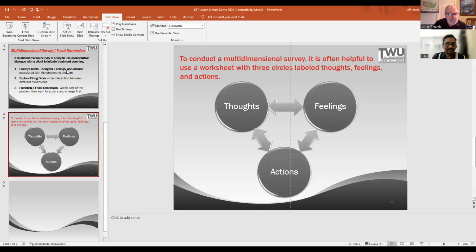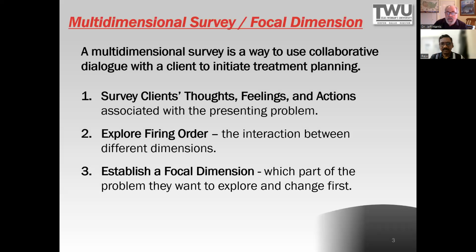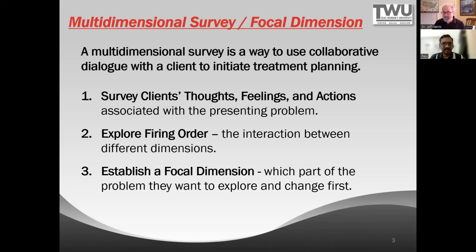So these were the three steps that I took. The first thing I did was to survey Raju's thoughts, feelings, and actions. Raju talked about anxiety. I asked him if anxiety was a type of fear, and we tried to narrow in on what he's afraid of. In this case, Raju was afraid of criticism.